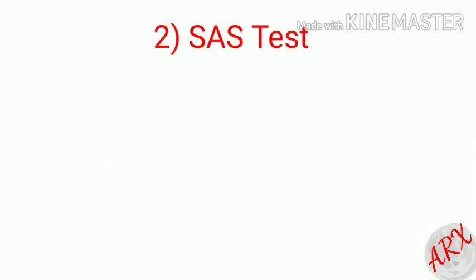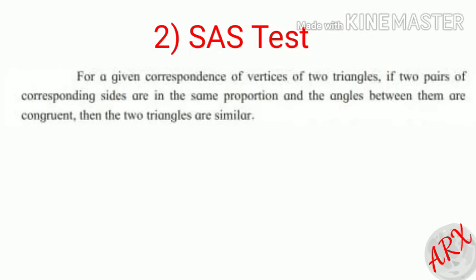Now we will move on to the second test, SAS test, means side angle side test. The definition can be given as, for a given correspondence of vertices of two triangles, if two pairs of sides of triangles are in the same proportion and the angles between them are congruent, then these two triangles are said to be similar by SAS test.